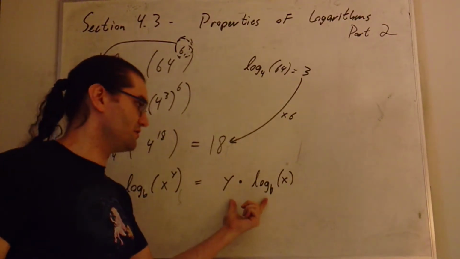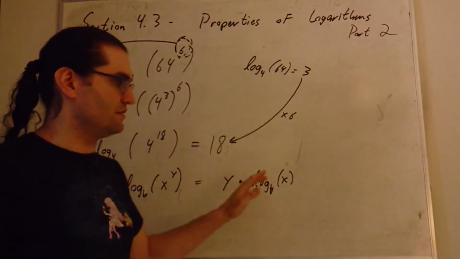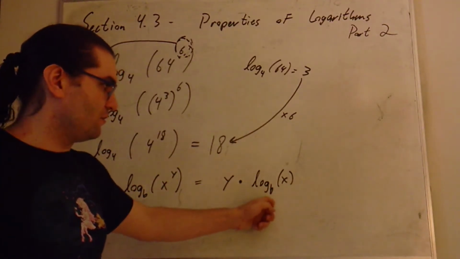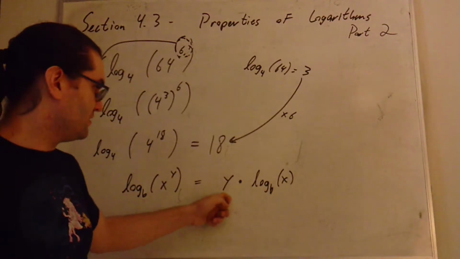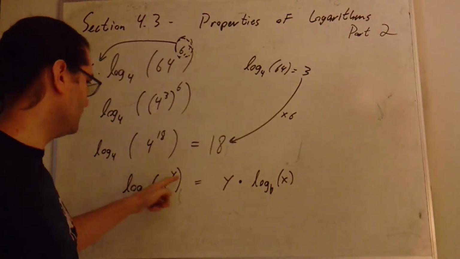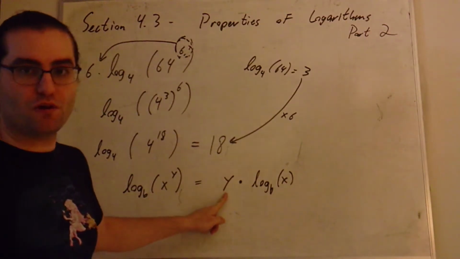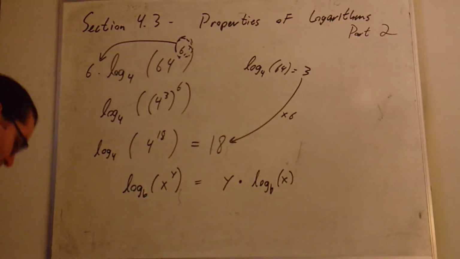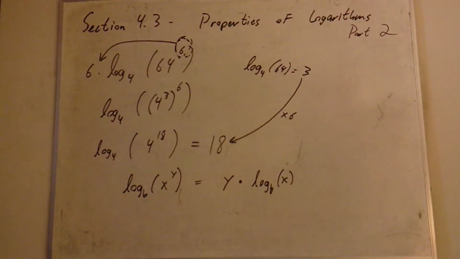You had a relationship between two logs. It was either the sum of two logs or the difference of two logs. Here we don't have that. Only one piece still gets a log. The y, the former exponent, no longer has a log. It's just a coefficient.